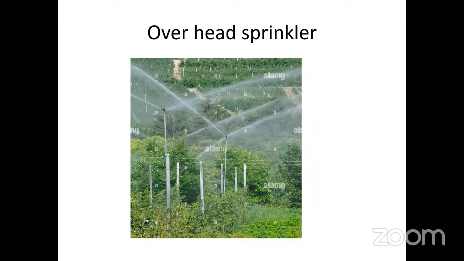But also one of the disadvantages of this one is the moisture content or the humidity around the tree, which can also cause some fungal diseases, especially the black mold or sooty mold. Sooty mold is common, and I'm sure many growers can see it, especially in the rain season, on the leaves of the tree.